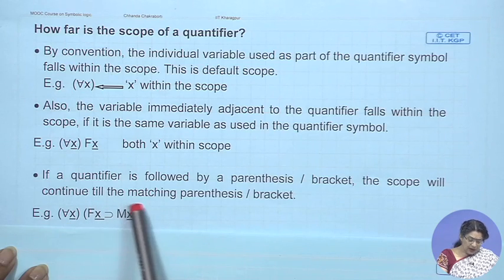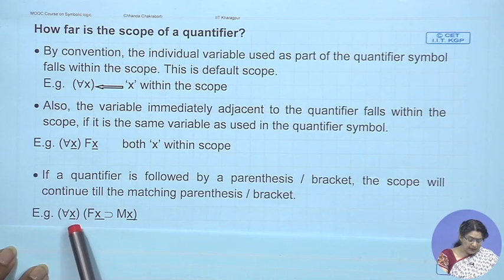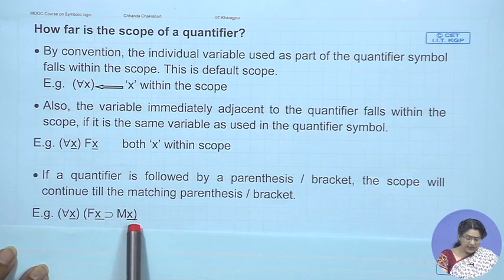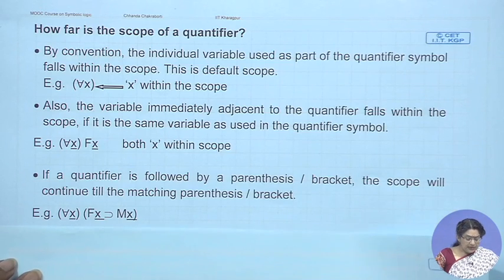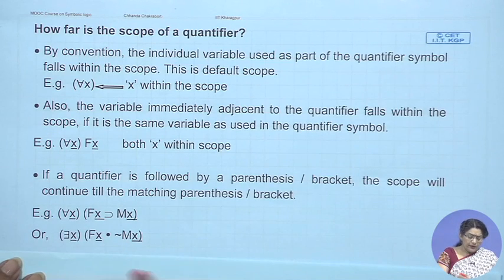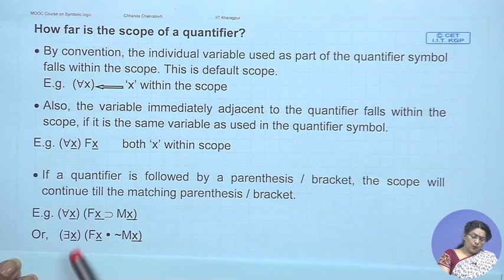Because now this is the convention to read that this covers this x as well as this x until the matching parenthesis is met. So, this is something to learn. Or for example, take a look at this existential quantifier. Whatever I have said about the universal quantifier applies to the existential quantifier as well.